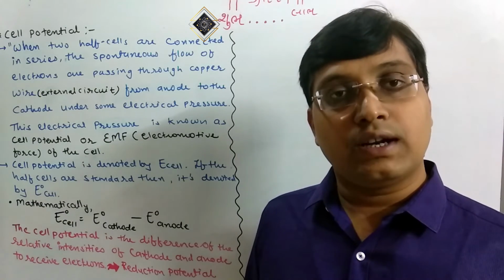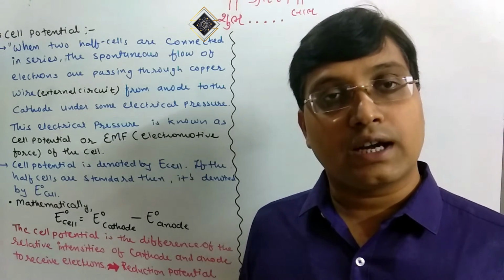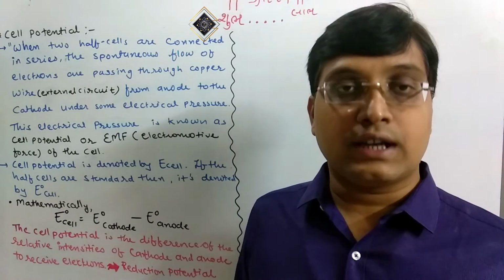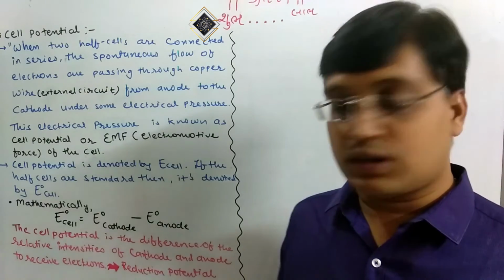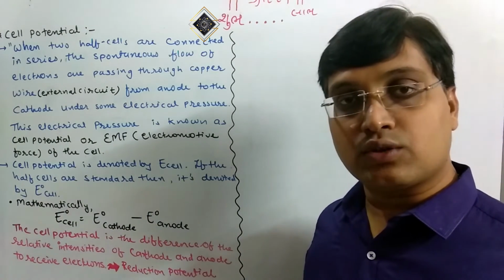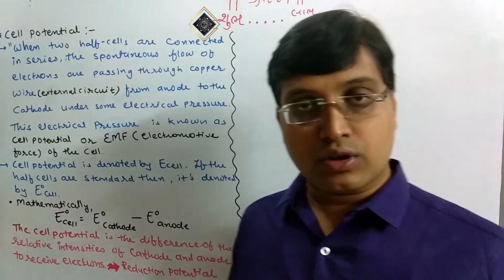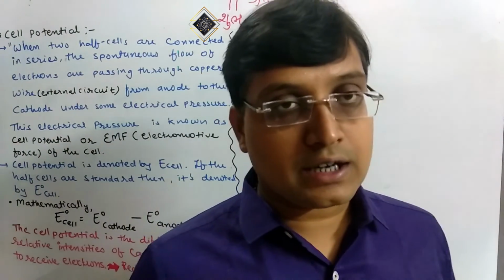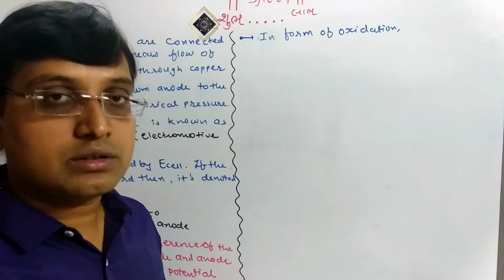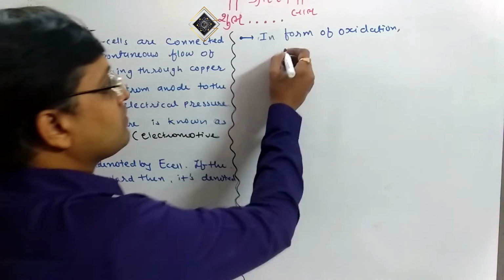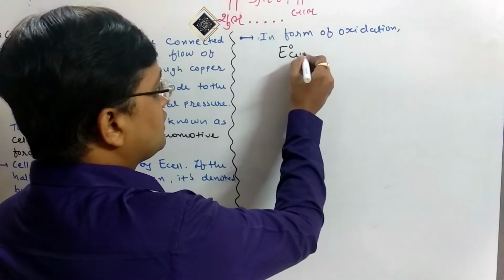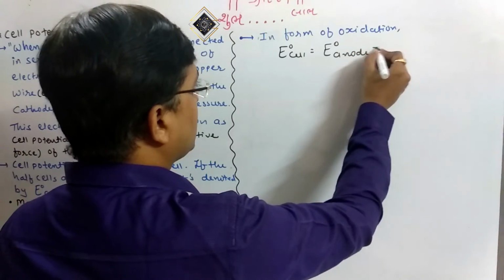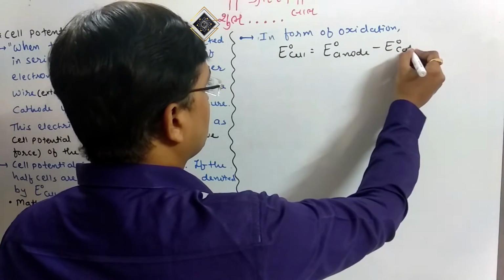It is the difference of relative intensity of the cathode and anode to receive the electron. To receive the electron is a reduction reaction, so it is also known as reduction potential. If I want to write in the form of oxidation, then, give attention, E0 cell is equal to E0 anode minus E0 cathode.